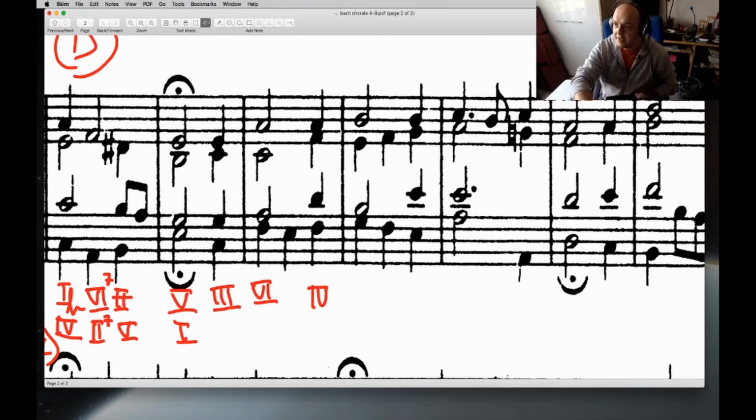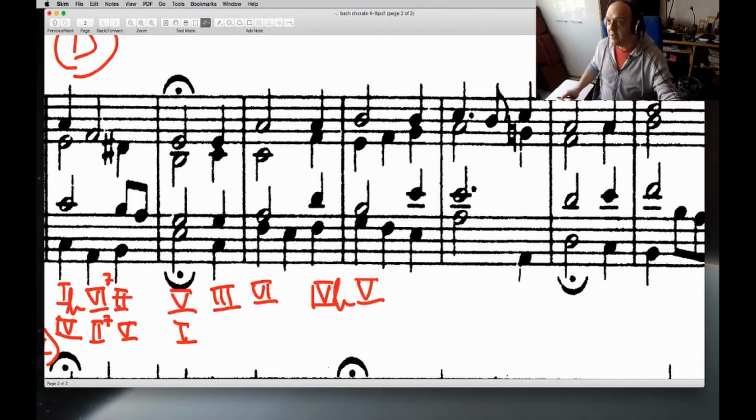Let me just write that a little better. 4 in first inversion. 5. What do I get there? I get a B, another B, an F sharp. No chord as such. I have just 2 intervals of a fourth. I have that in the moment.